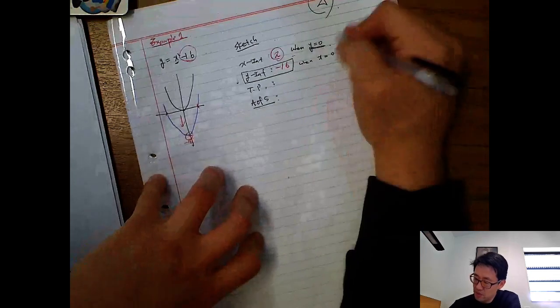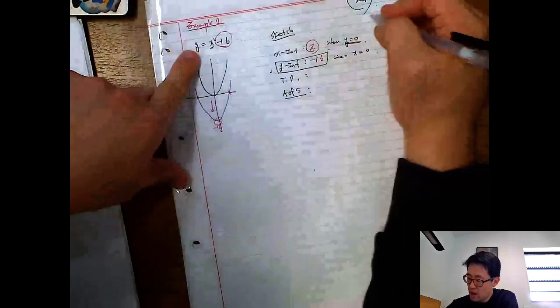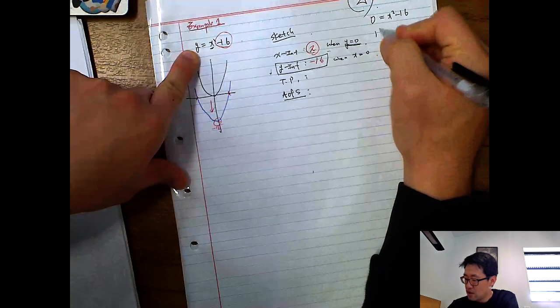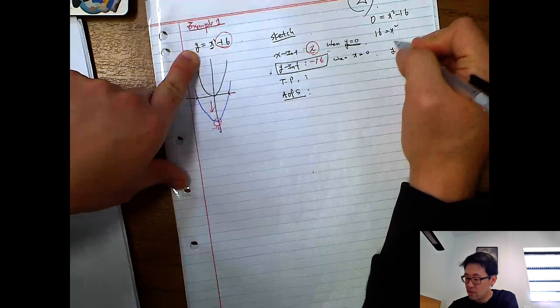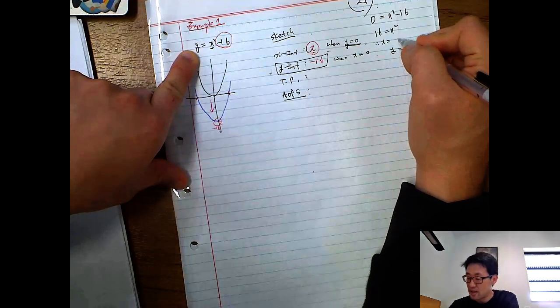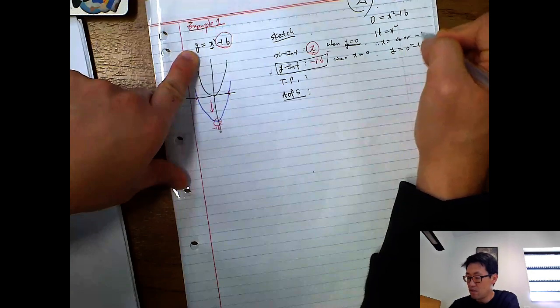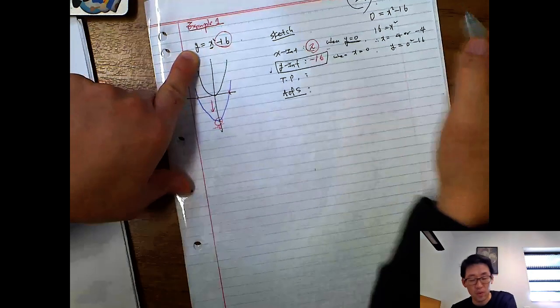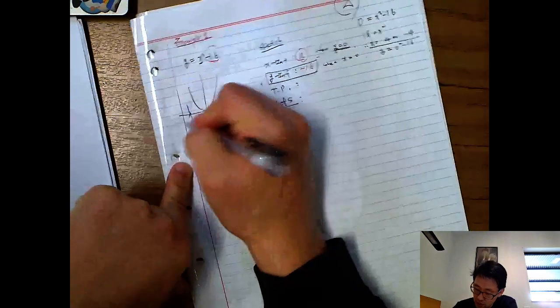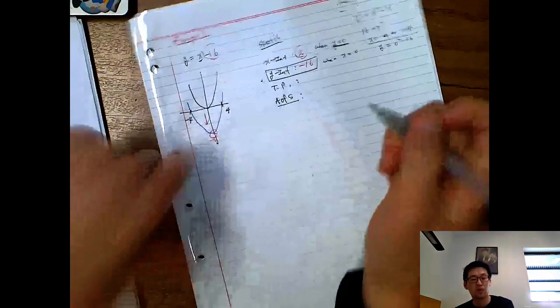The same way, y equals 0, so 0 equals x squared minus 16. 16 equals x squared. Therefore, x equals 4, since 4 times 4 is 16, or minus 4, since minus 4 times minus 4 is 16. So that will be 4, that will be minus 4.